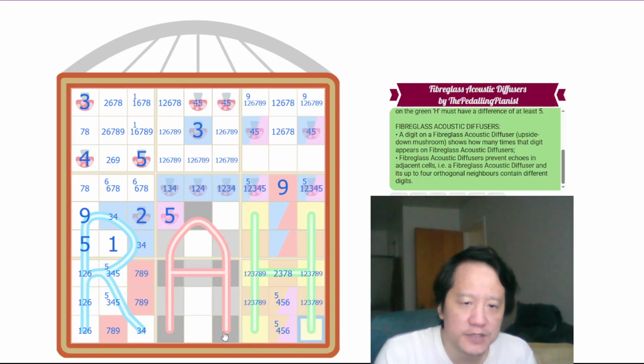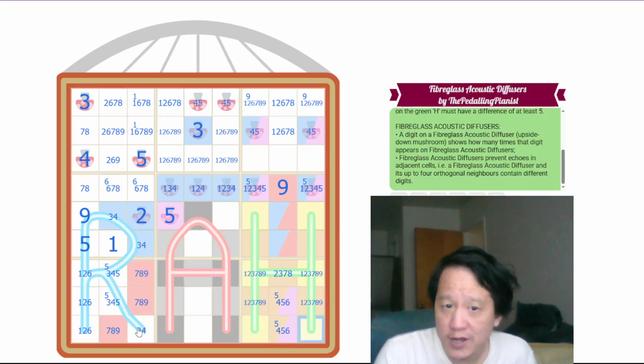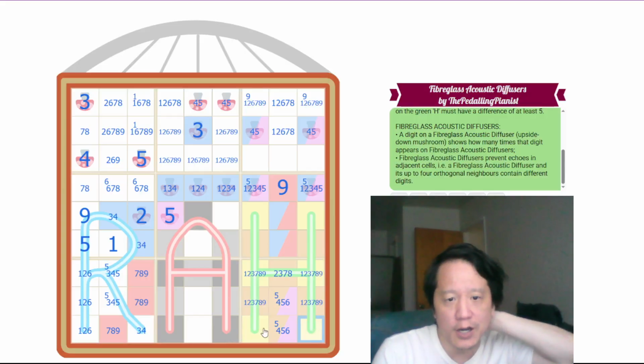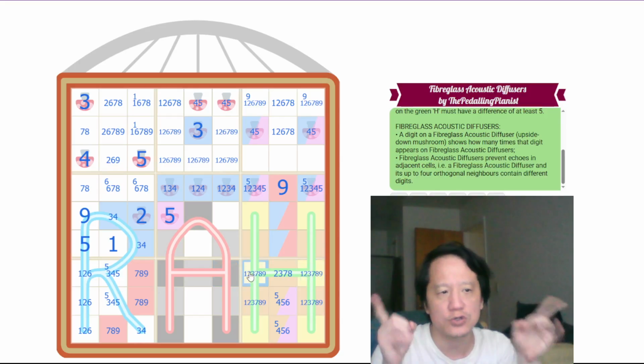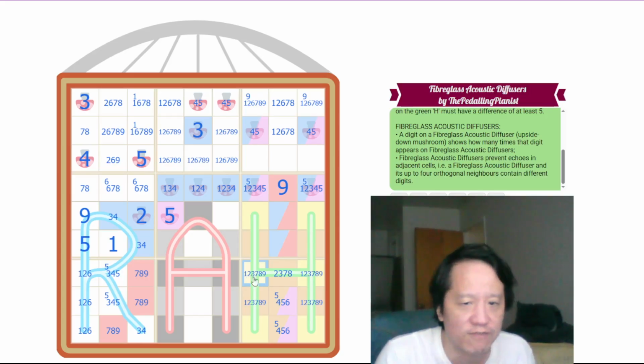Oh, if these are both low. So if yellow's low, 4 obviously has to be one of these, which means 3 would have to be here. Which means 3 could not be any of these digits here. 3 would have to be one of these, which would be necessarily next to 2 unique digits on a Whisper 5 line.